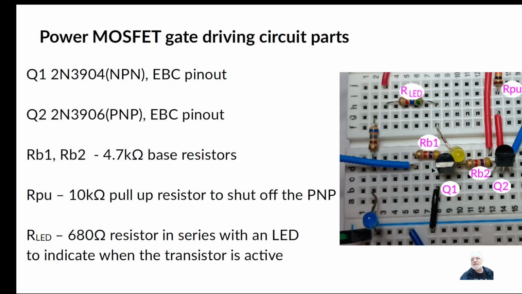Okay, that is actually a 6.8K. That's a red stripe on there. So it's a 6.8K, not a 680. For 24 volts, 680 is going to allow way too much current to flow through there, so we need to be careful of that. Again, it's a 6.8K resistor.